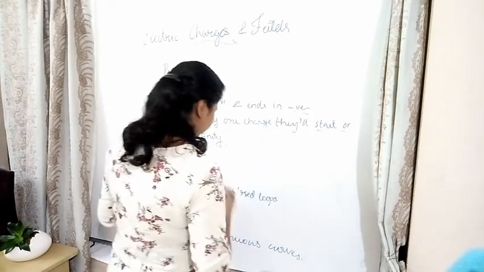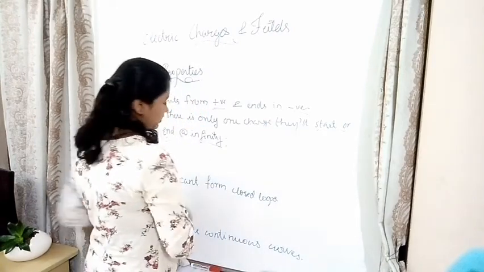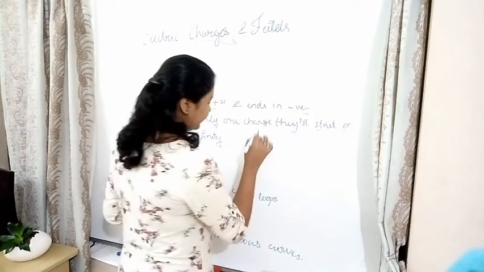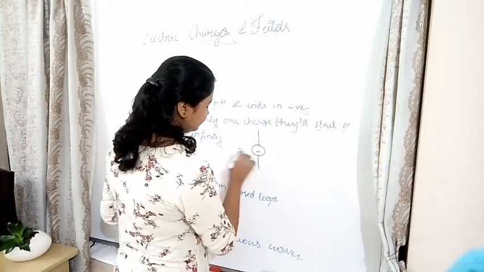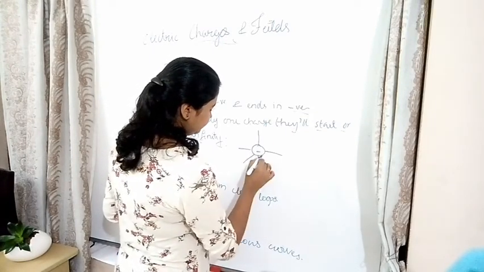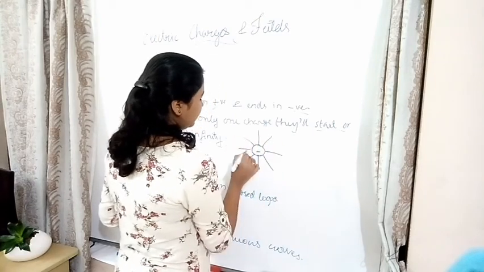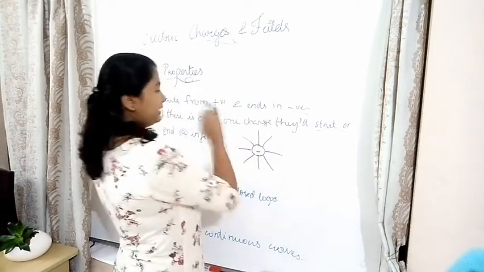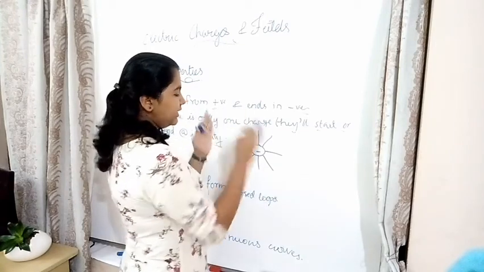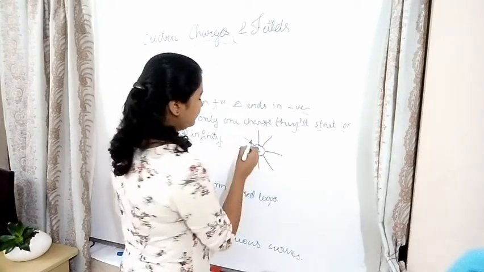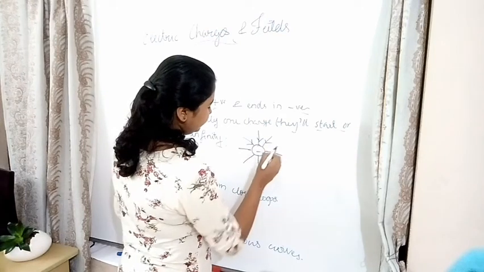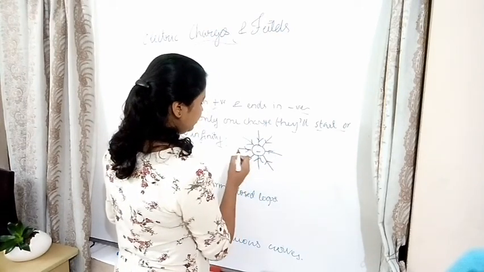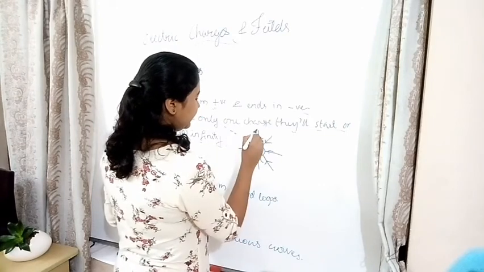Let's mark this with blue. This is a negative charge. What would happen? We'll draw the field lines again. The lines come into the negative charge, since it's from positive to negative, so it's coming inward.